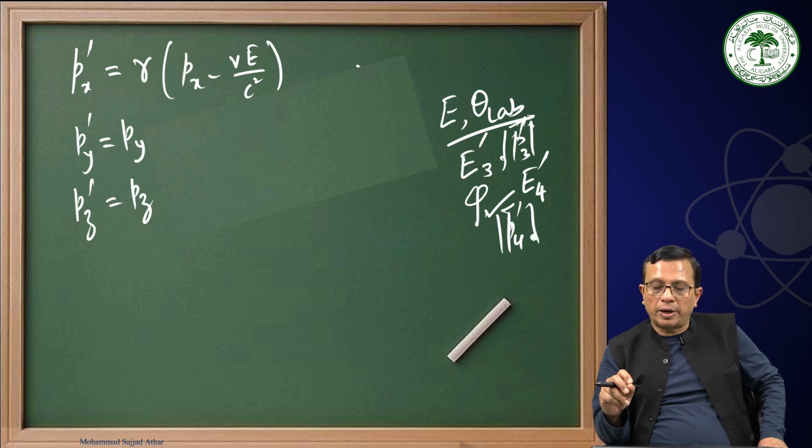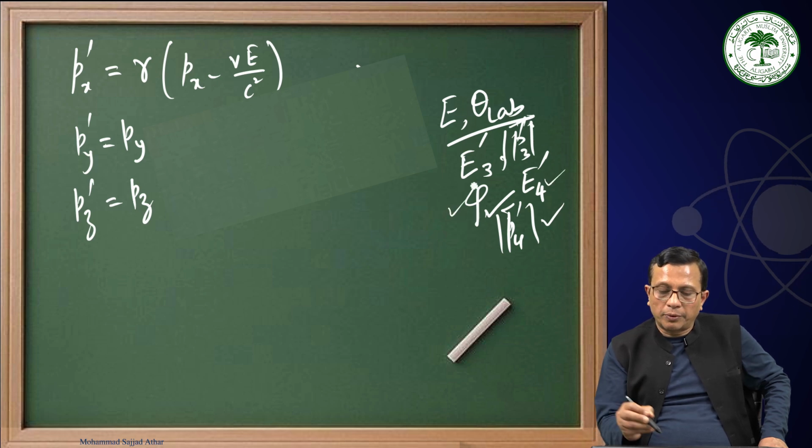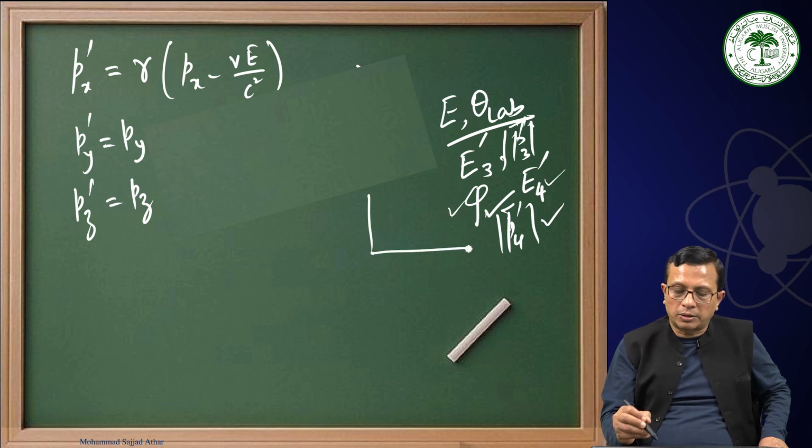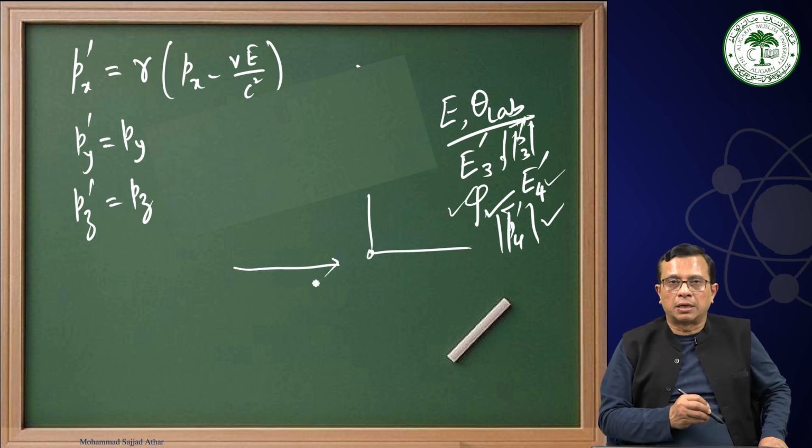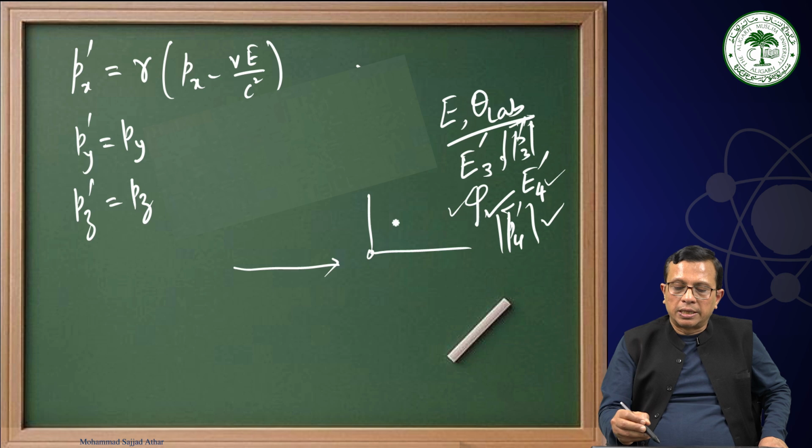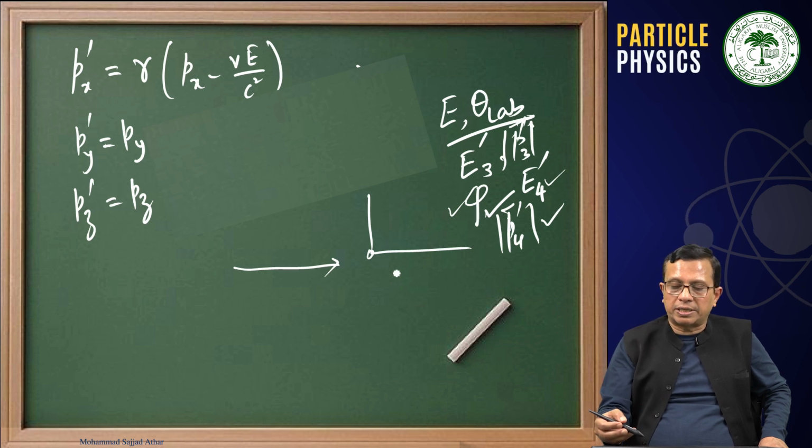The important point is that you know P4 prime, you know E4 prime, you know phi, and moreover, we are talking about scattering where the projectile is coming with certain energy and momentum. This is taking place in two-dimensional space.